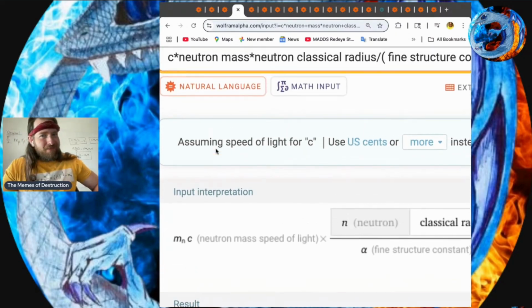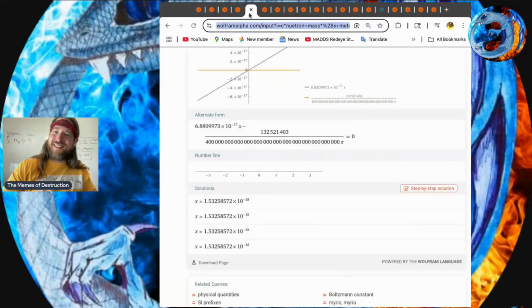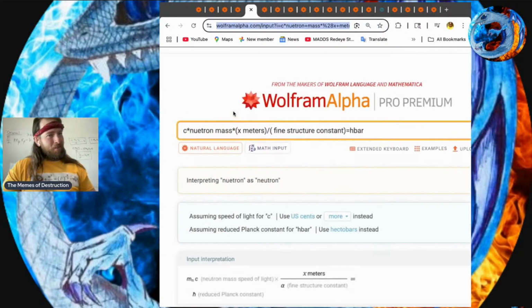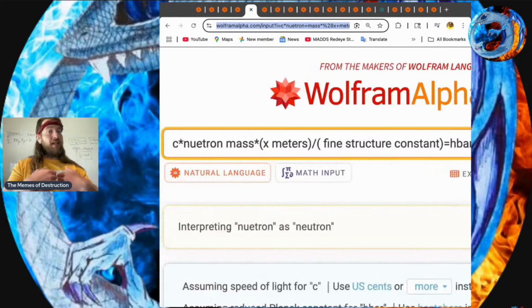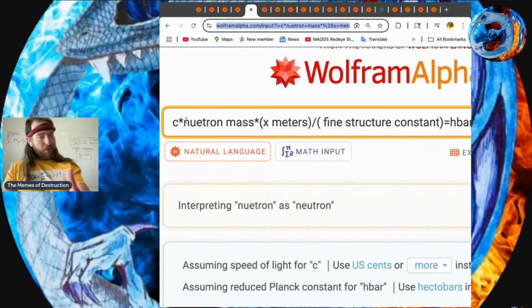So what I did was I applied the awesomeness of algebra. What am I talking about? Well, if we claim that this should hold for the neutron as well, we know the neutron mass to about 10, 12 significant digits.